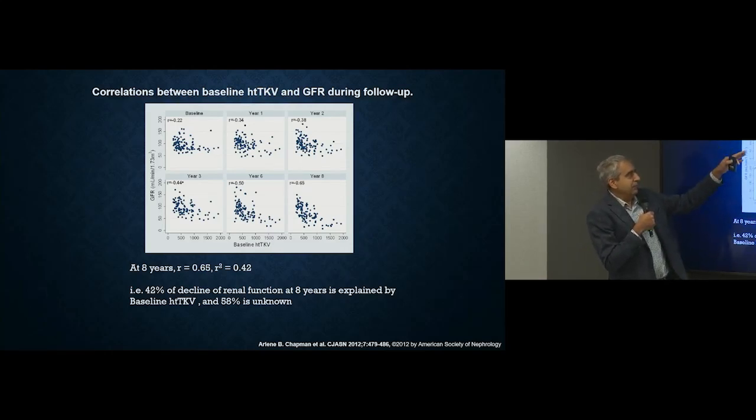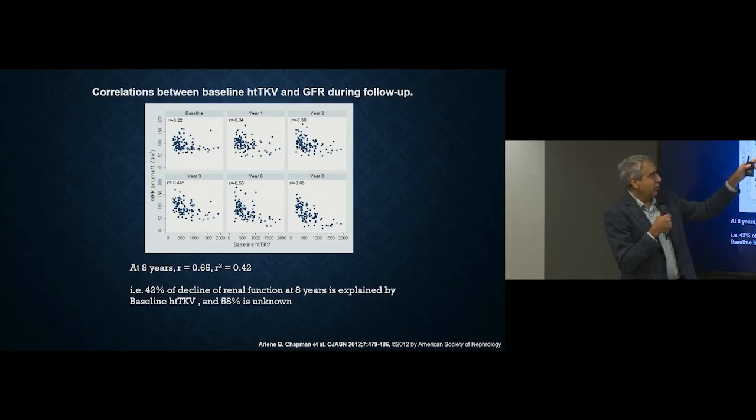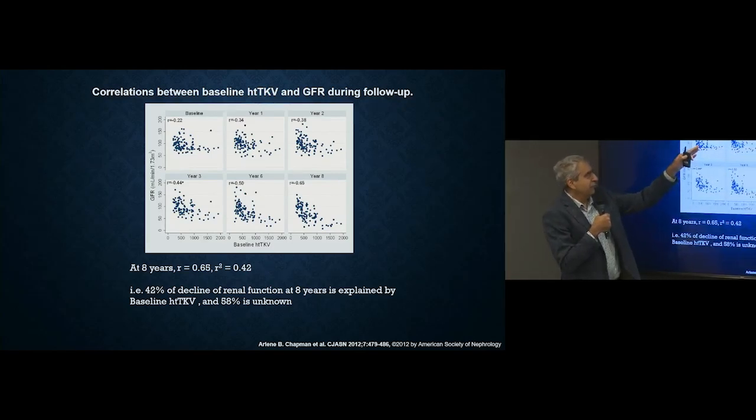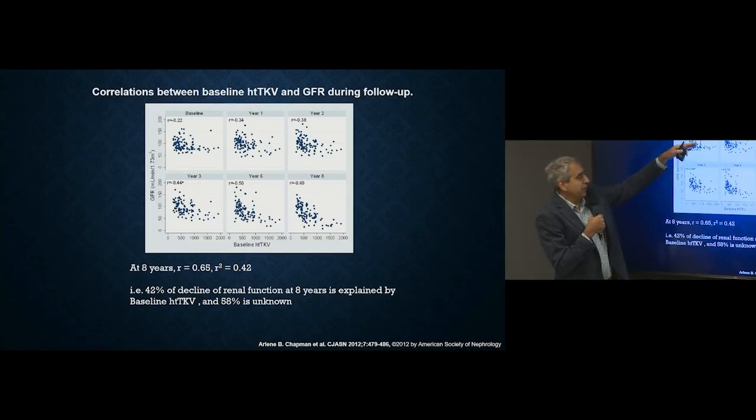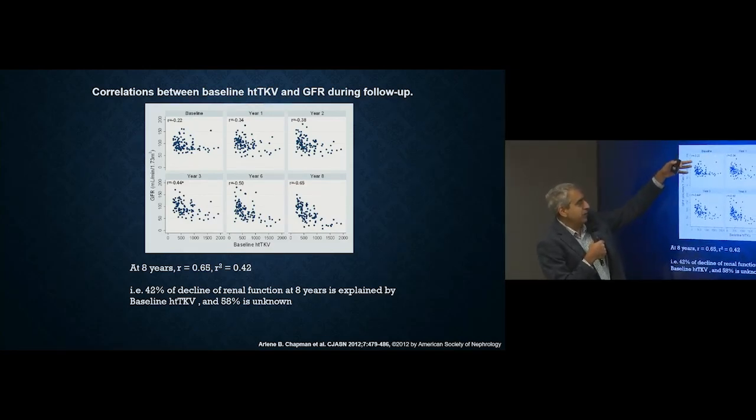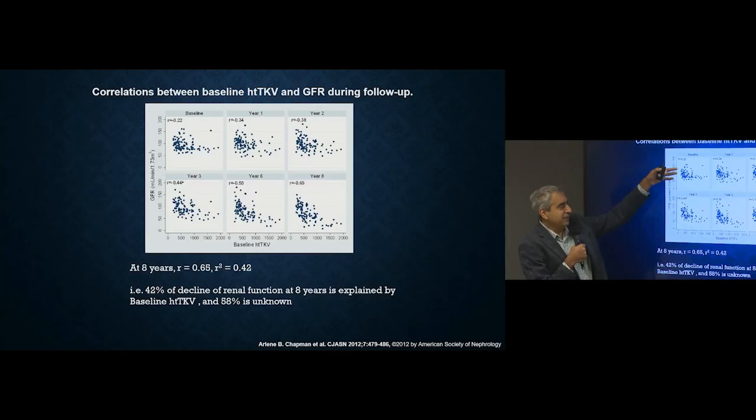So at baseline, when we look at the total kidney volume and look at renal function, we see that some patients that have large volume kidneys also have diminished function, but then there is not a great degree of pattern that we can see here.